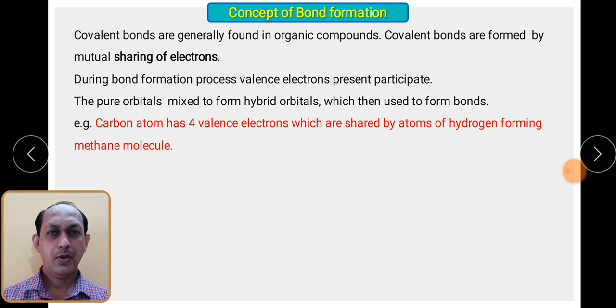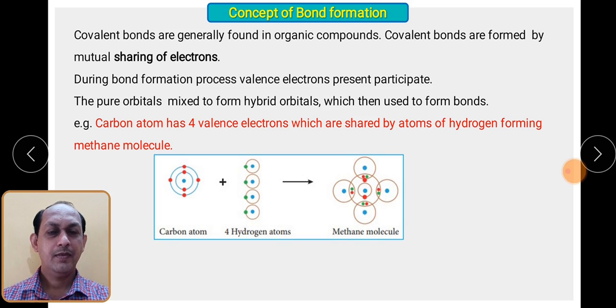For this bond formation we are going to see the basic examples related to the carbon atom. As we know, carbon has atomic number 6, and these electrons are distributed in the orbitals as 1s2, 2s2 and 2p2. So in the valence shell there are 4 electrons, which relate to the valency of carbon as 4.